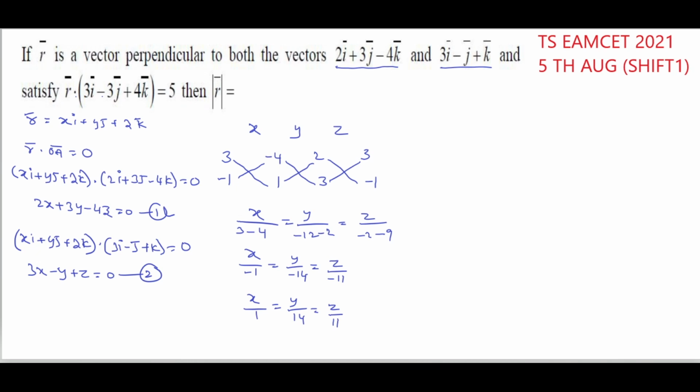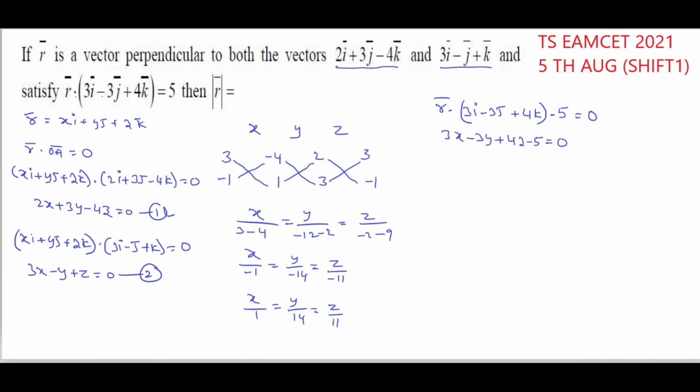So these values satisfy the equation r bar dot 3i minus 3j plus 4k minus 5 is equal to 0. So r bar means xi bar plus yj bar plus zk bar, that is 3x minus 3y plus 4z minus 5 is equal to 0.